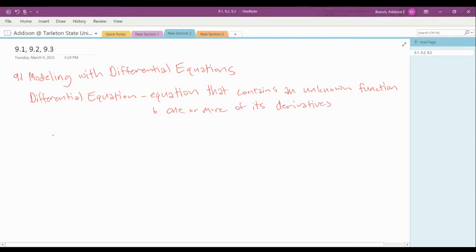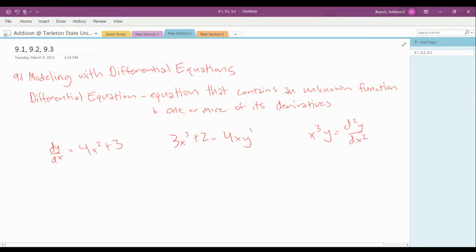Some examples of what these could look like are dy over dx is equal to 4x squared plus 3, or 3x cubed plus 2 equals 4xy prime, or x cubed y is equal to d squared y over dx squared.